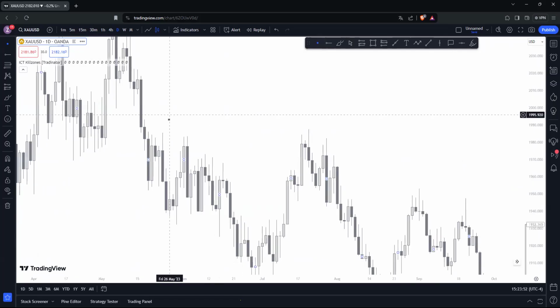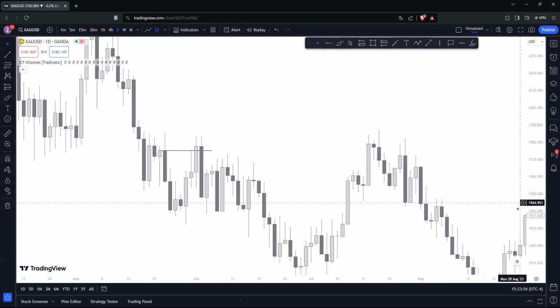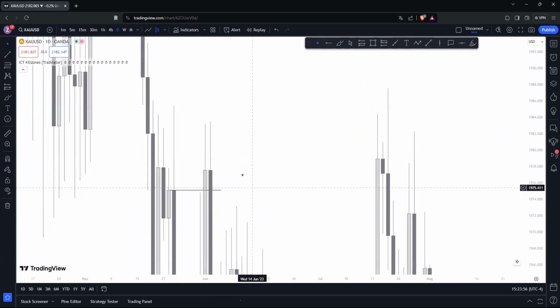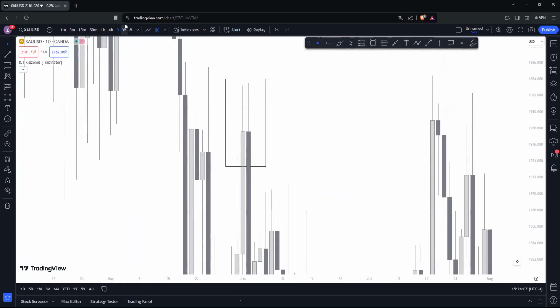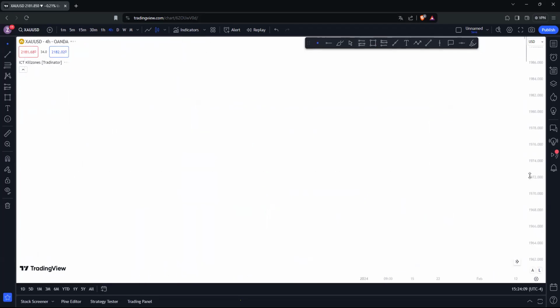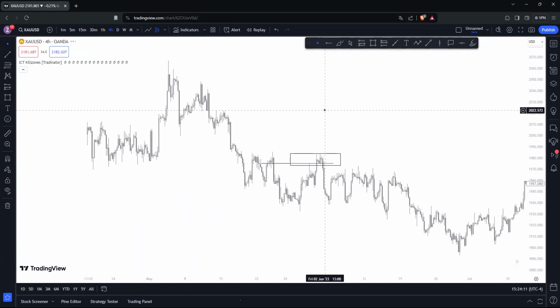So what happened here is that we had a daily level. Here it's not a rejection. We did not reject it. Now, as you can see, we had a daily touch, but on the H4, we had an external breakout.